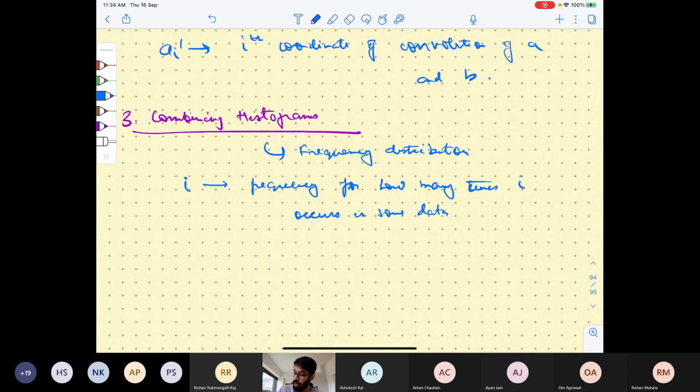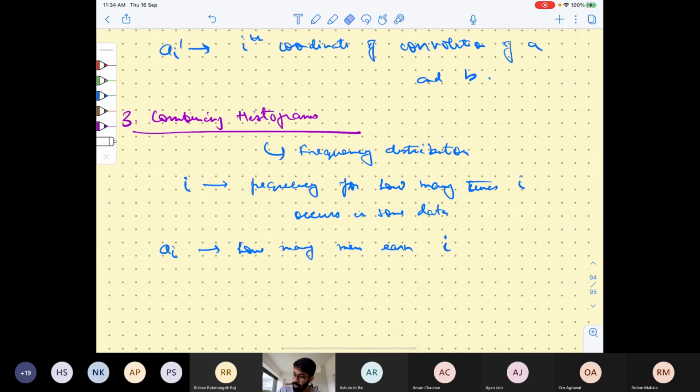So suppose, for example, that A_I represents how many men earn I, like value I, or how many have earning I.